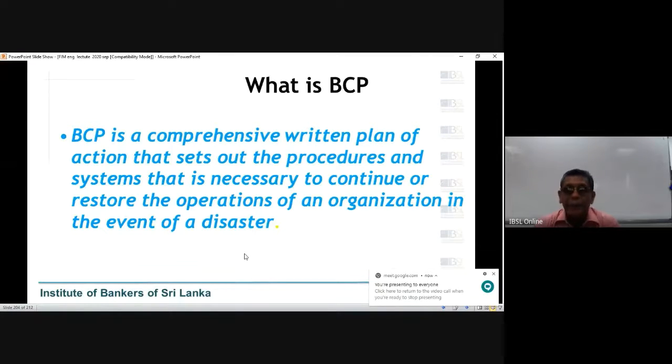BCP is a comprehensive written plan. So there will be a possibility of asking something like this. And sometimes the examiner may ask you questions like revisiting your business model. I will give you short notes on that. Now, the World Bank also emphasized that under these circumstances, the new normal, banks have to do it in a different way.